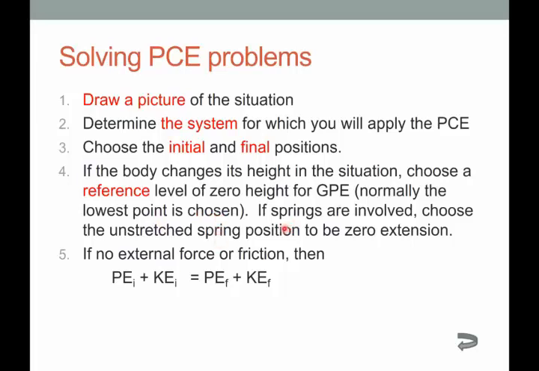If springs are involved, choose the unstretched spring position to be the position of 0 extension. If there is no external force or friction, then work done is 0, meaning that the sum of the initial energy, made up of PE and kinetic energy, will equal the final energy, made up of the PE and the kinetic energy.